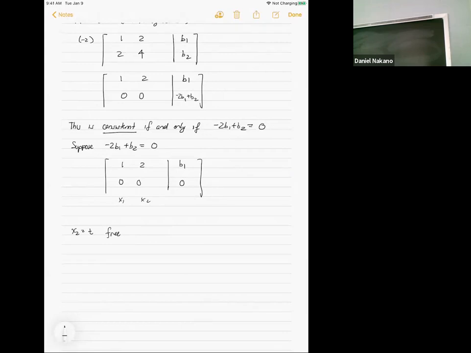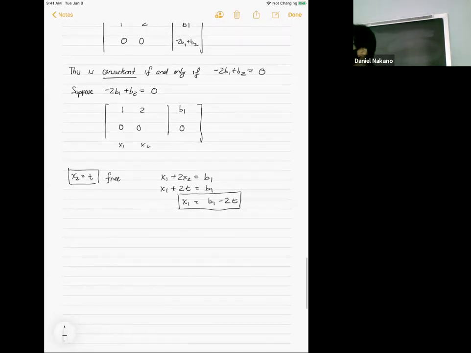And now I just back substitute. There's nothing to do in the bottom equation. But then I have x1 plus 2x2 is equal to b1, so x1 plus 2 times t is equal to b1. That means x1 is equal to b1 minus 2t. Now let's write out the solution for the non-homogeneous system.